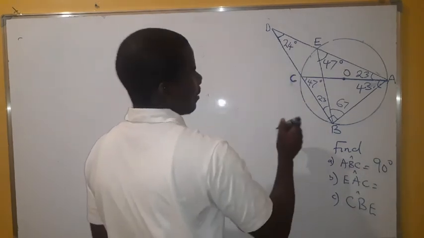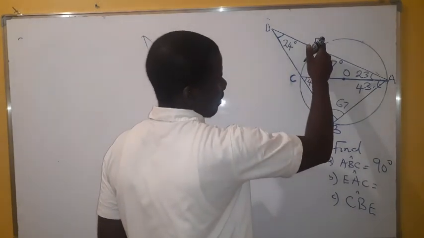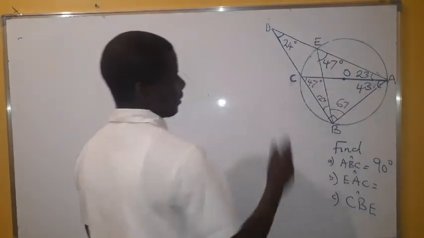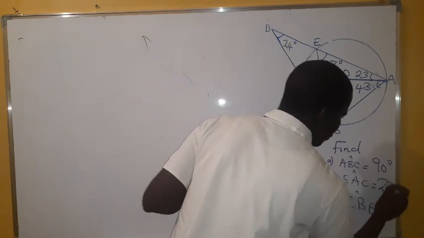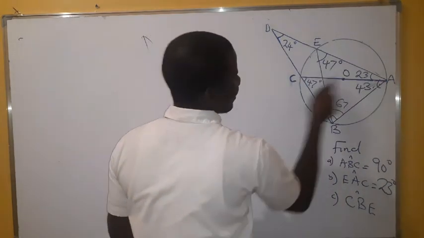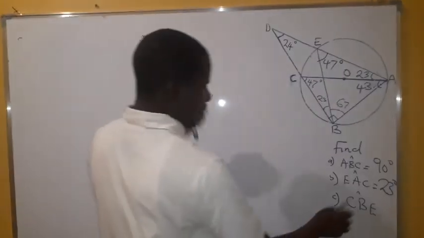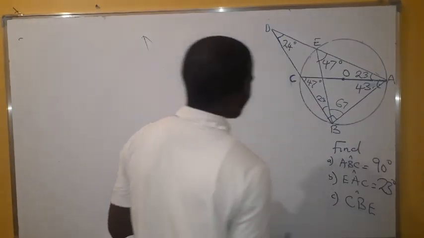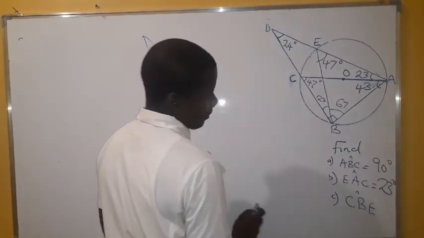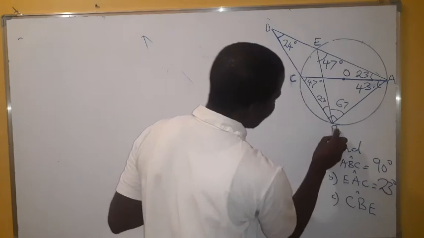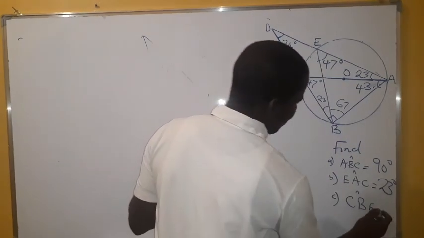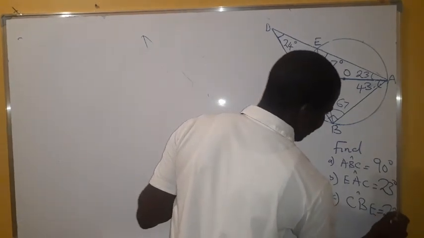EAC. It's clear there, 23. Then CBE. As you can see, CBE is also 23.